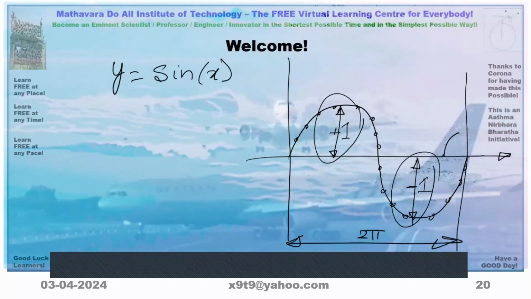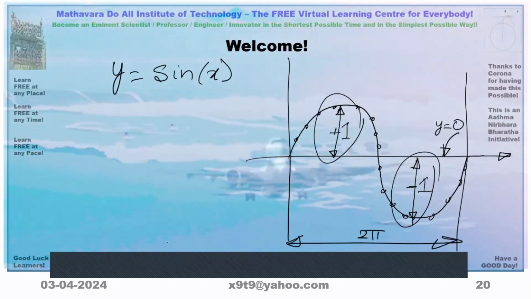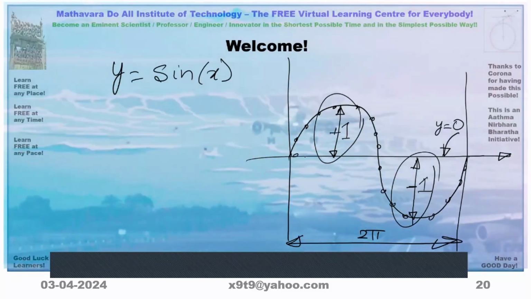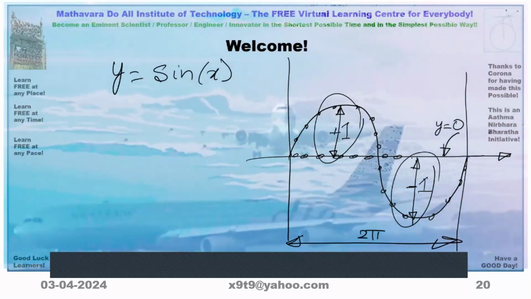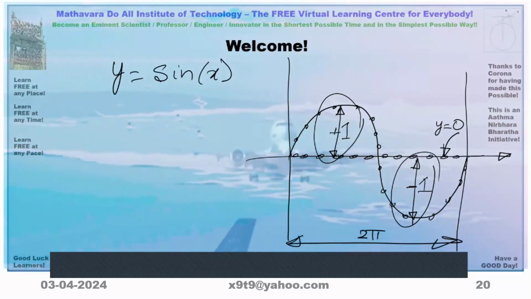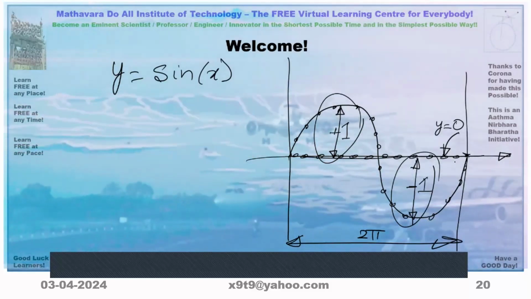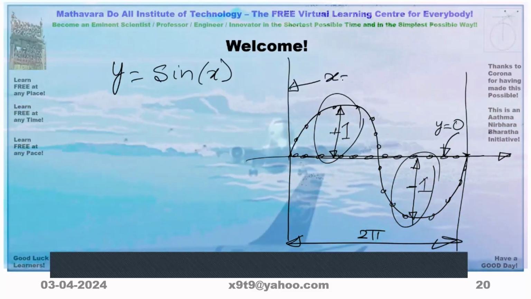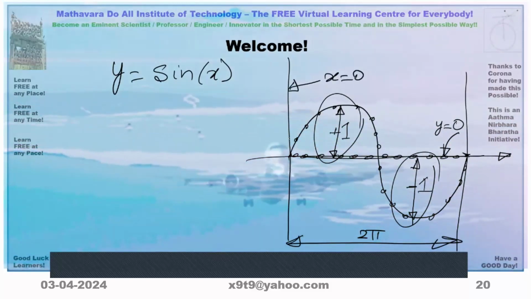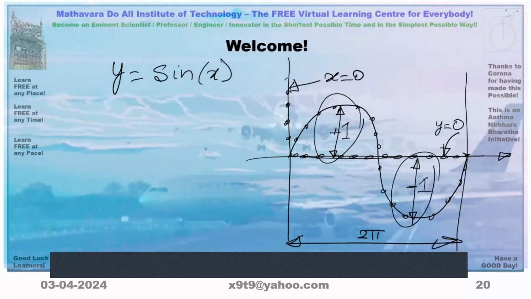So the equation of this is y is equal to 0. So take any point on this one, y will be 0. X only increasing because we are going from here like this. Similarly, equation of y-axis is x is equal to 0. So whatever may be the value of y, x value is 0 there.